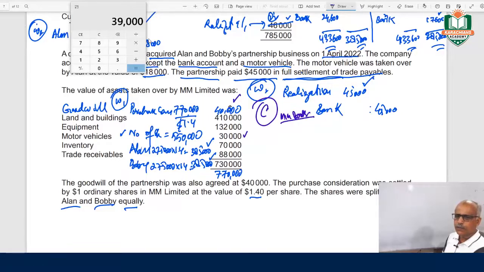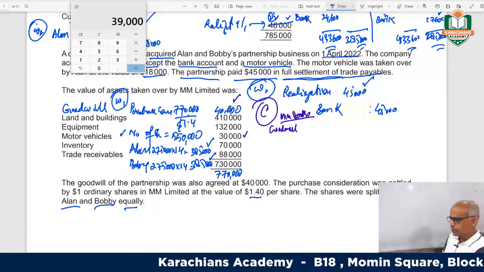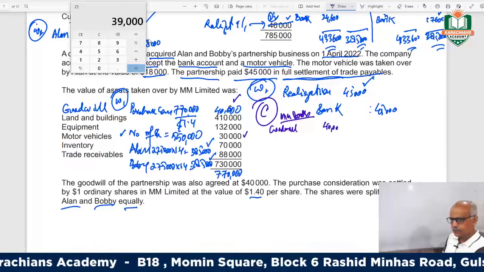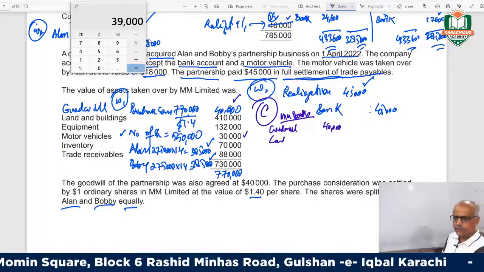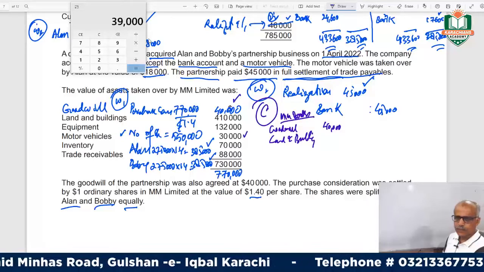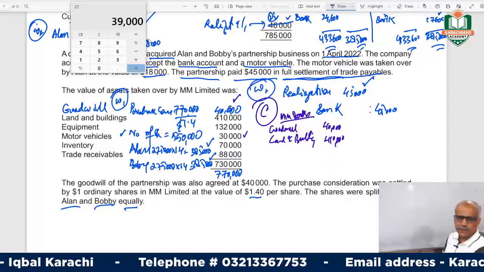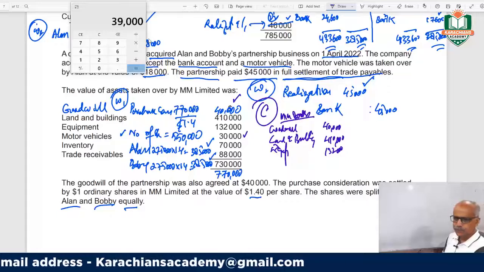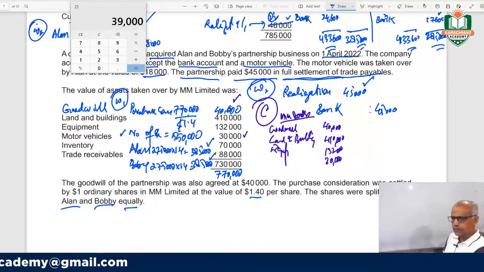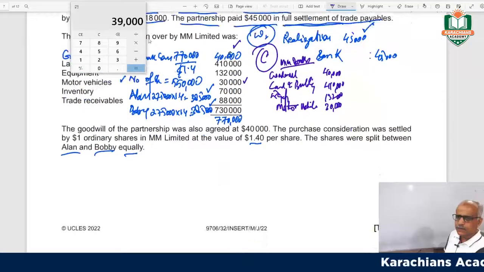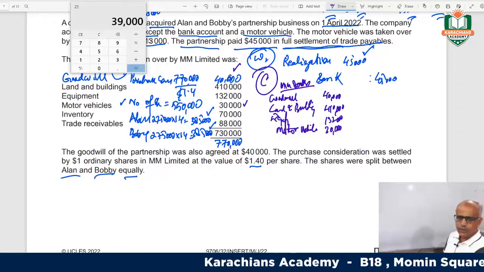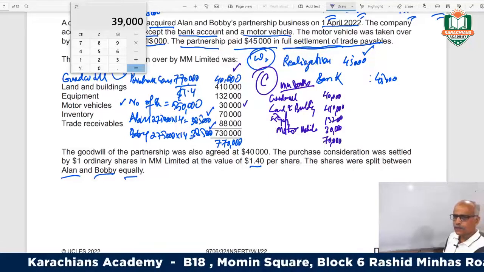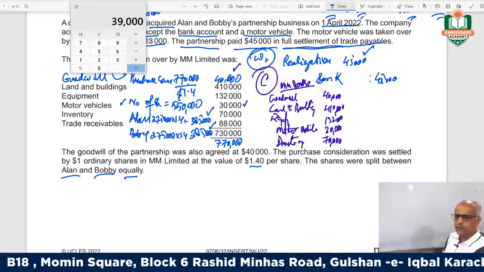The journal entry you will be making will be: goodwill 40,000, land and building 410,000, equipment 132,000, motor vehicle 30,000, inventory 70,000.